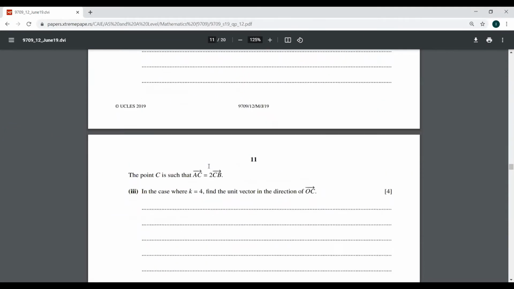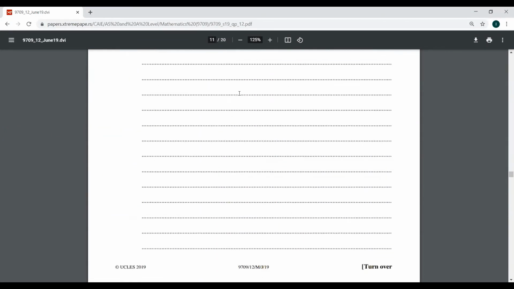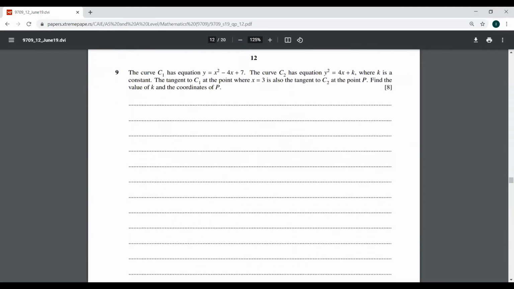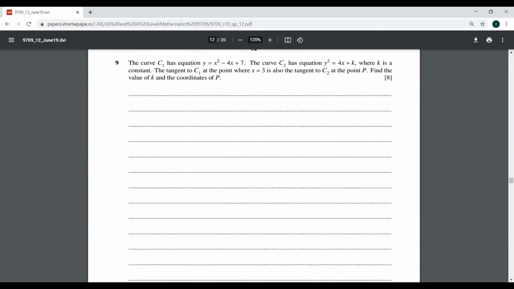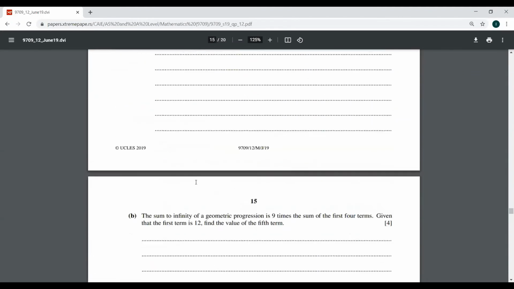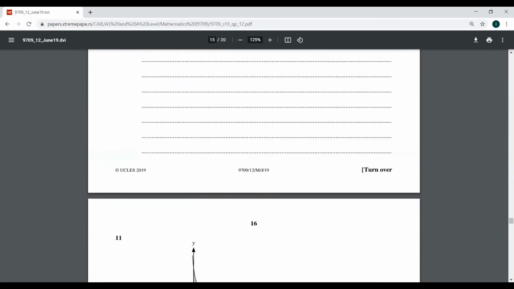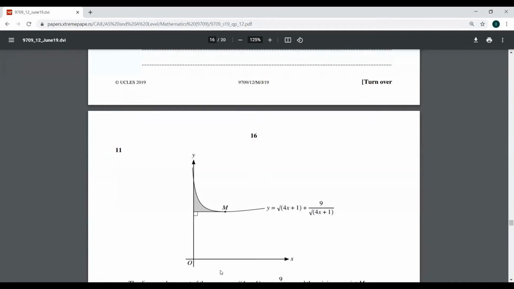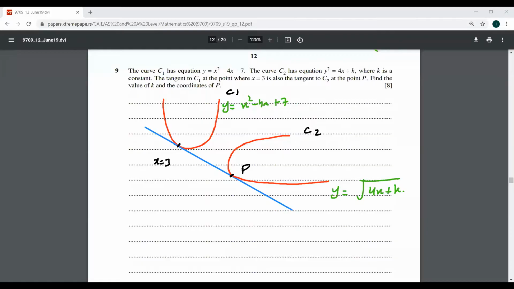Let me see what is there in the question number 9. Okay, question number 9, and then there is question number 10, 11. I'll be doing in the next part of this segment, okay? Okay, the ninth question. We have been given the equations of C1 and C2.